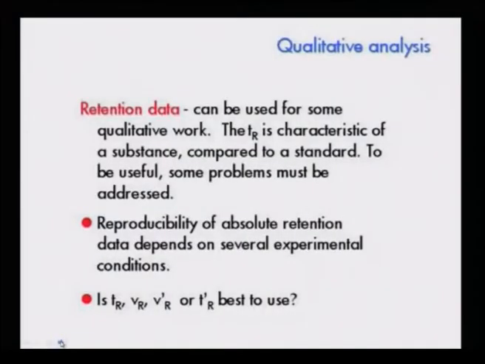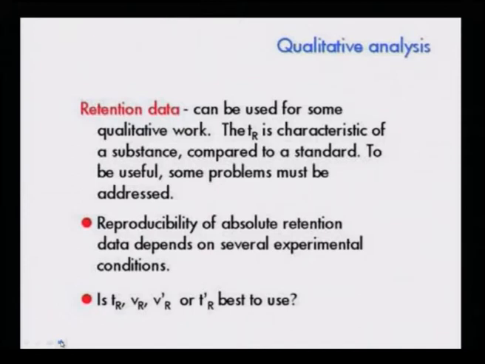When we make qualitative analysis, retention data is of absolute importance, but it is not an absolute value. It is not a fixed value. Retention data can be used for some qualitative work. The retention data is characteristic of a substance compared to a standard. To be useful, some problems must be addressed.